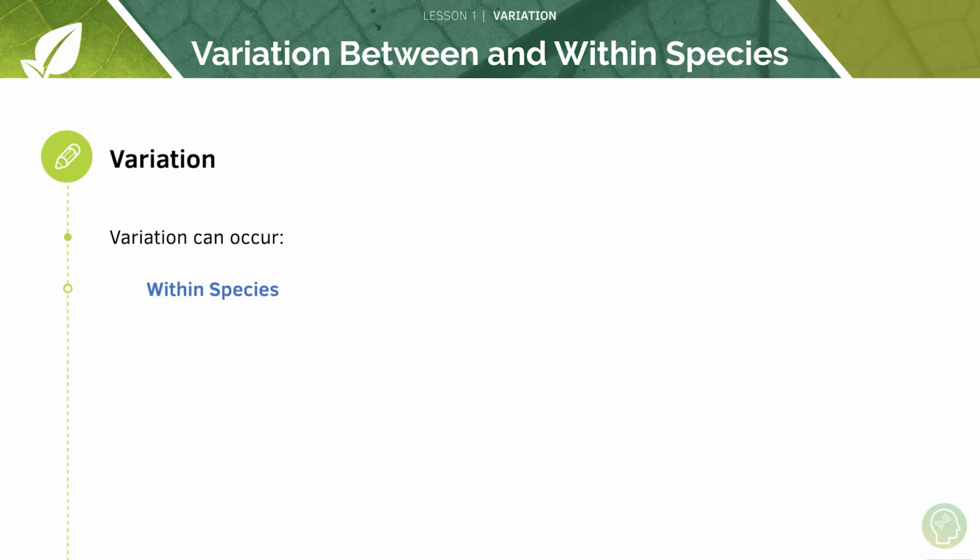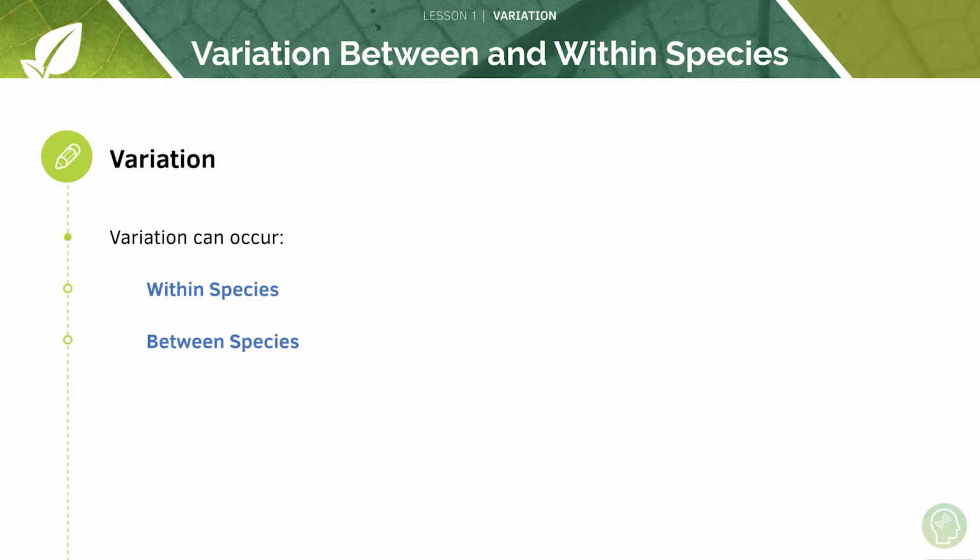Now, variation can occur within species or between species. And if variation is occurring within species, we refer to that as intraspecific variation. But if it's occurring between species, that's interspecific variation.